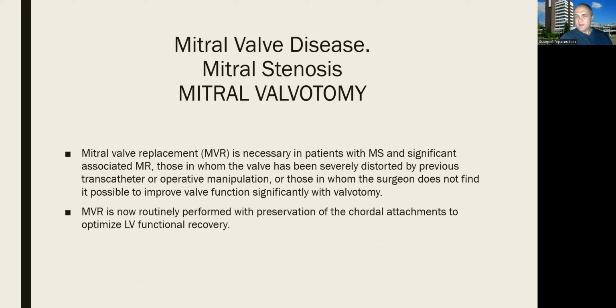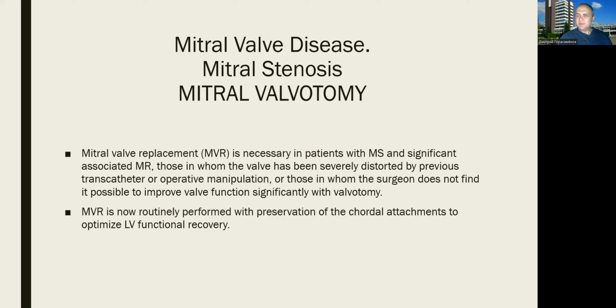Mitral valve replacement is necessary in patients with mitral stenosis and significant associated regurgitation, those in whom the valve has been severely distorted by previous transcatheter or operative manipulation, or those in whom the surgeon doesn't find it possible to improve valve function significantly with valvulotomy.